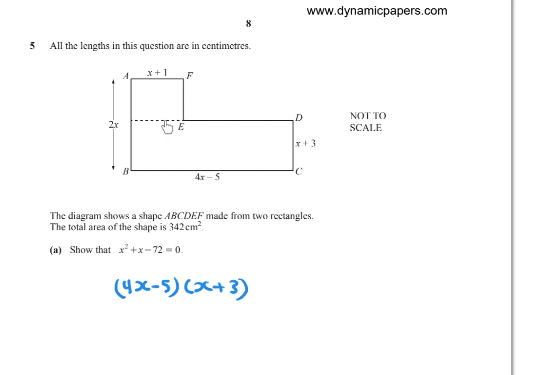Area for this rectangle equals x plus 1 times this distance. To find that distance, you need to subtract 2x minus (x plus 3). So 2x minus bracket x plus 3, so equals 2x.